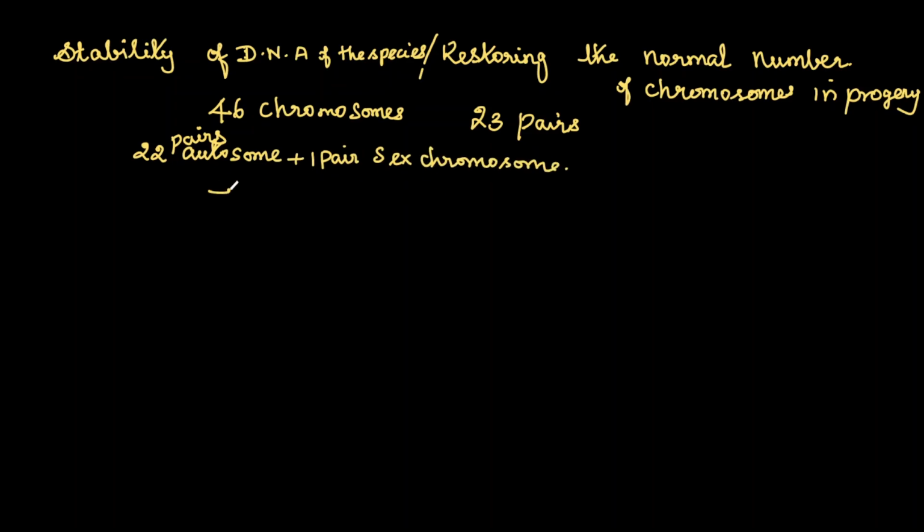So if you take the father and mother, they have 22 pairs of autosomes. Plus, the father's sex chromosomes are X and Y, so 22 pairs of autosomes plus XY.